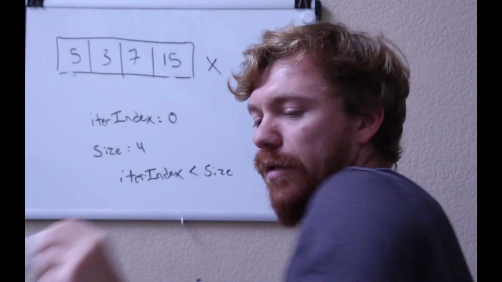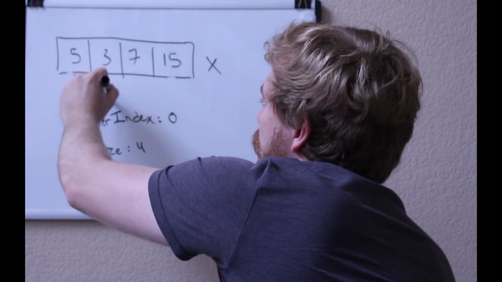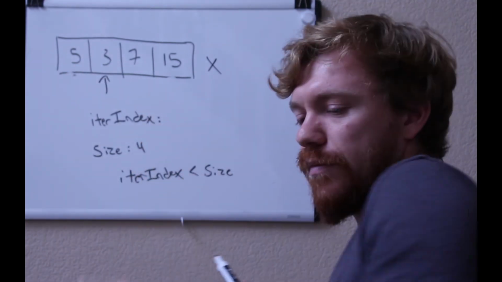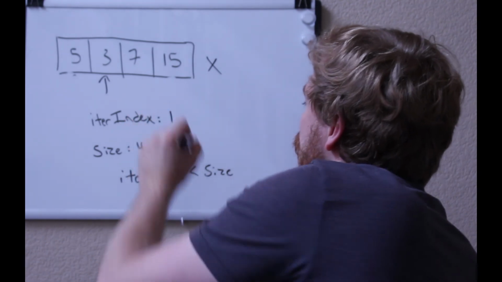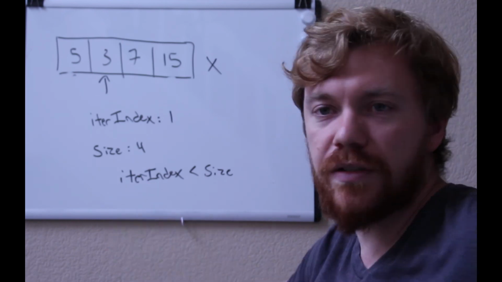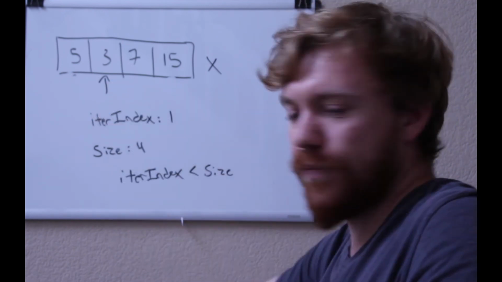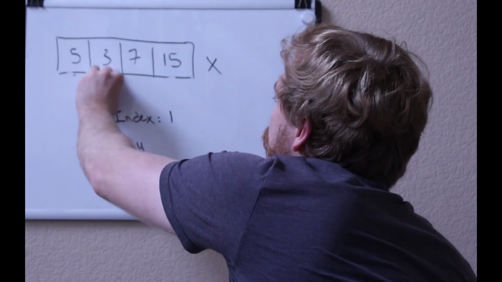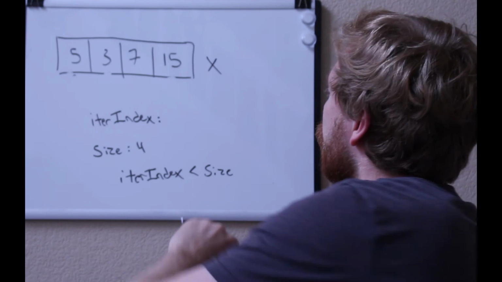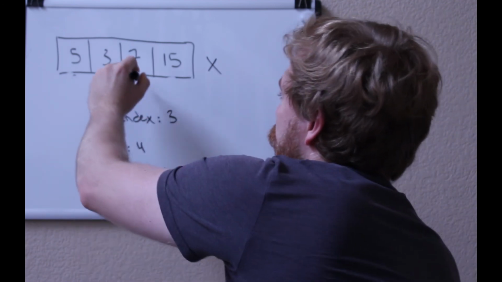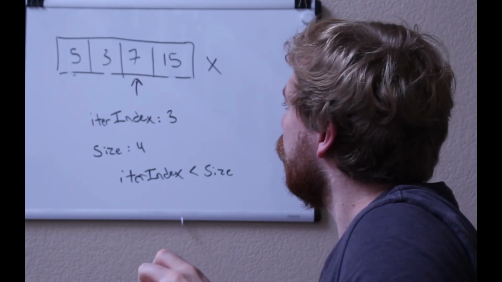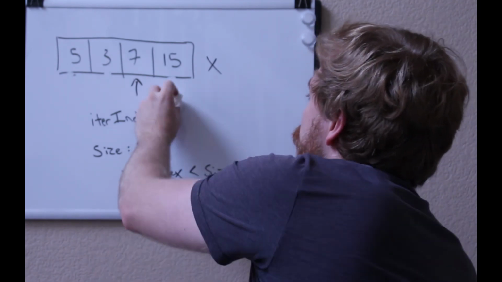We move on. iterIndex gets incremented. It now references the next element. iterIndex is still less than the size, which means our hasNext should return true. Good. And this will hold true for the next one. iterIndex is 3, I'm sorry, 2.